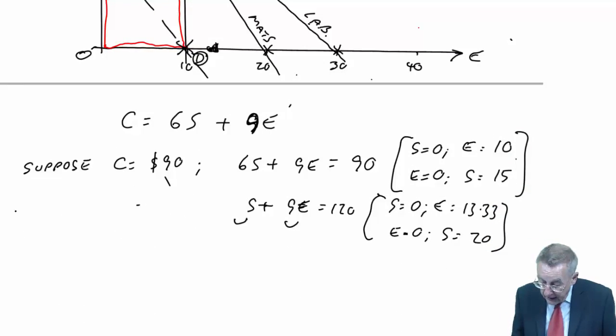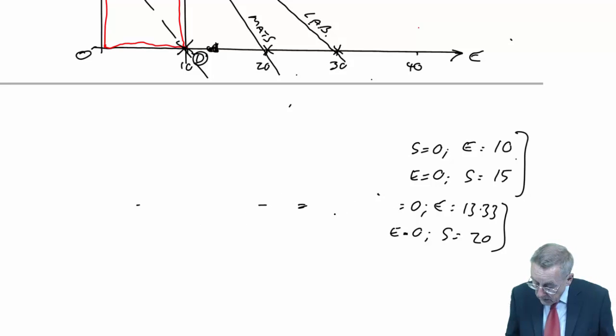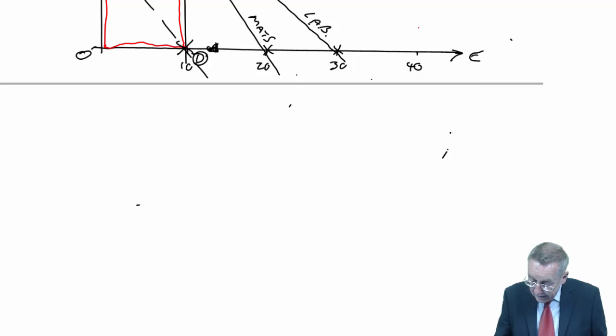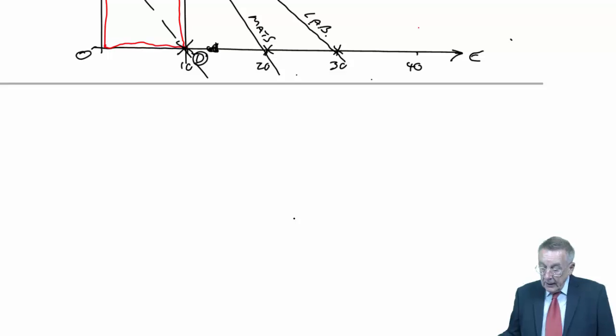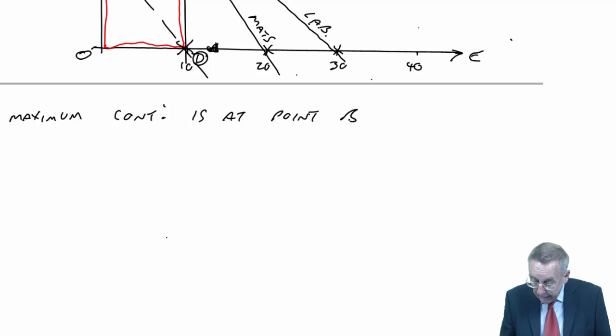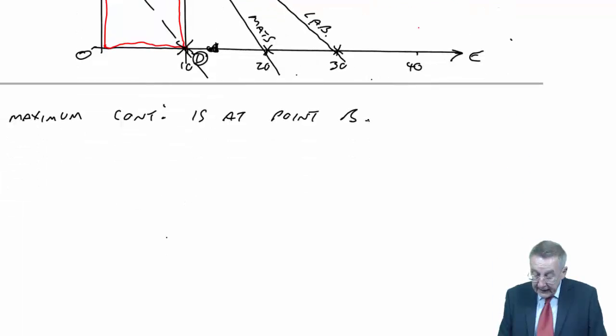So again, let me clear some space. Maximum contribution occurs at point B. And as I just said, point B is where the labour line crosses the materials line.